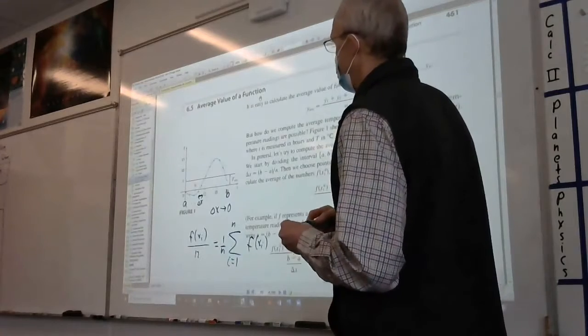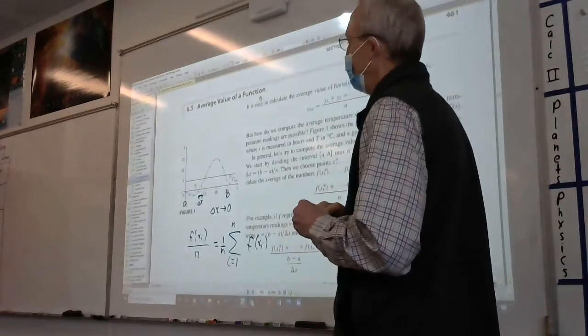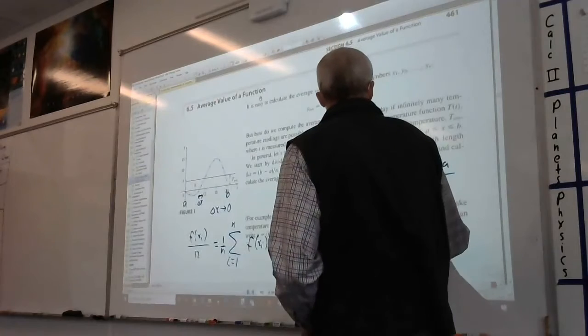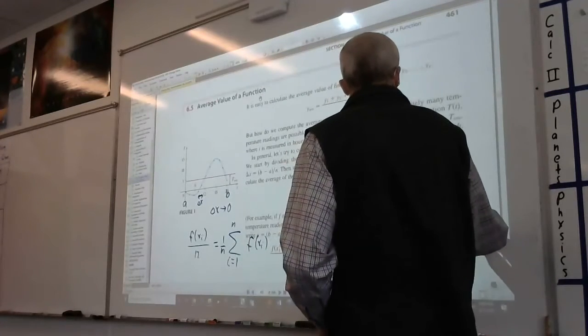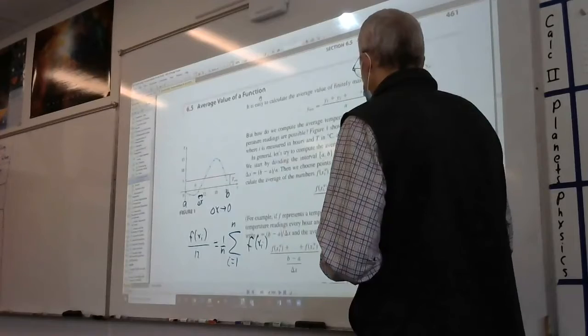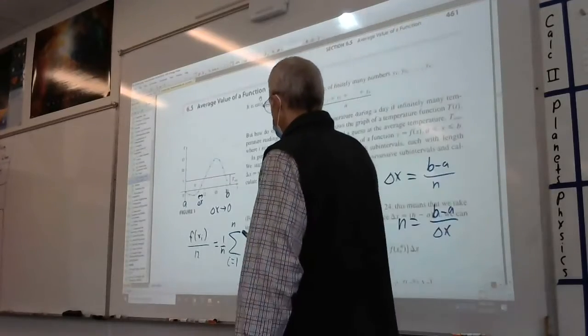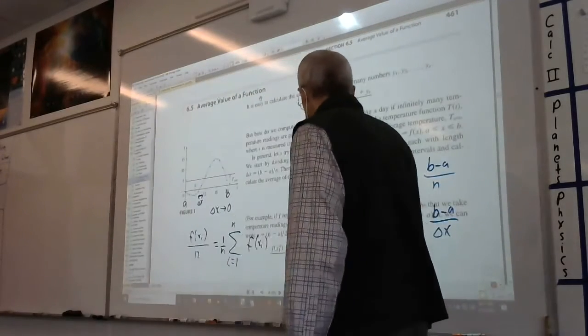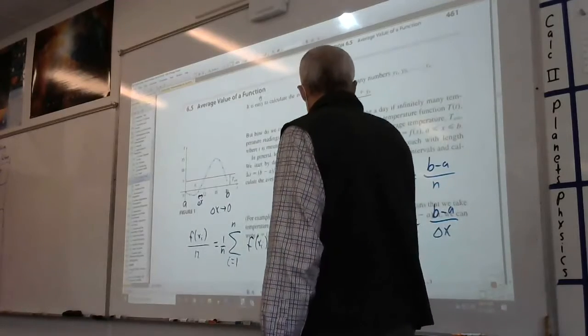If we do 12 points, the width is b minus a over n. So we want to get rid of the n. So n is equal to b minus a divided by delta x. So we can replace that n with b minus a over delta x. And that's what they did here. And then the delta x goes to the top.